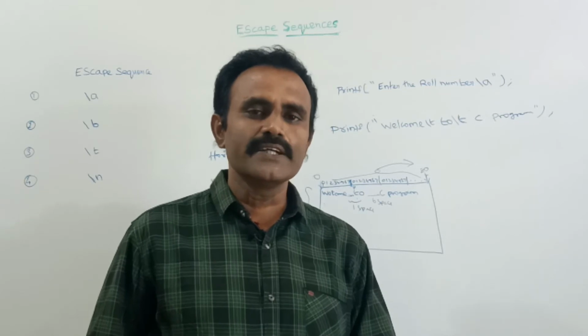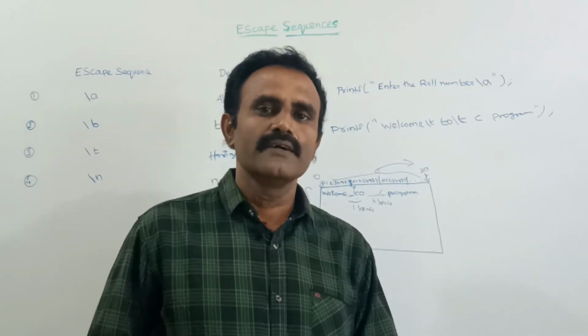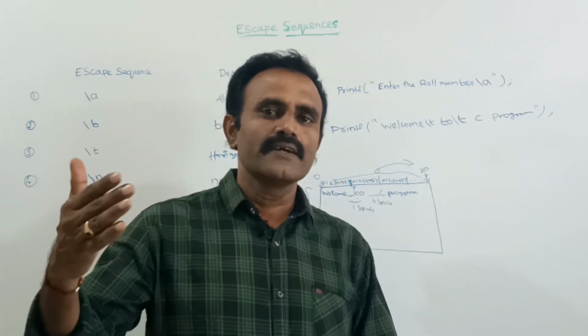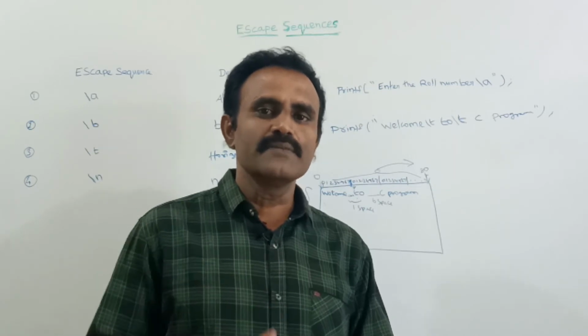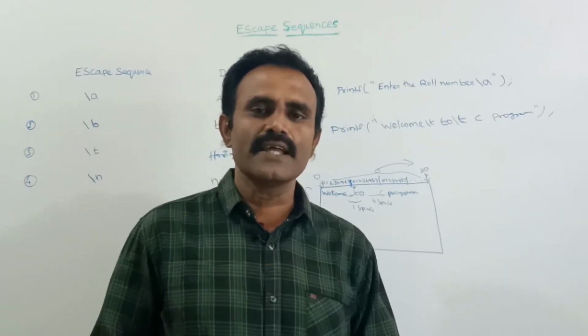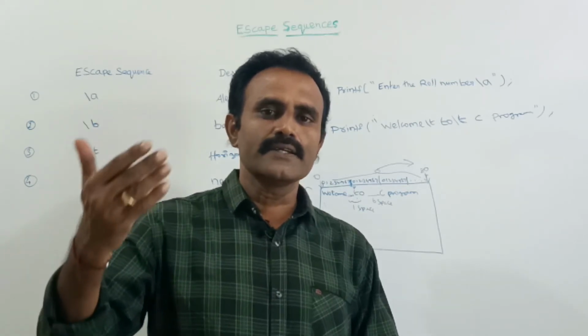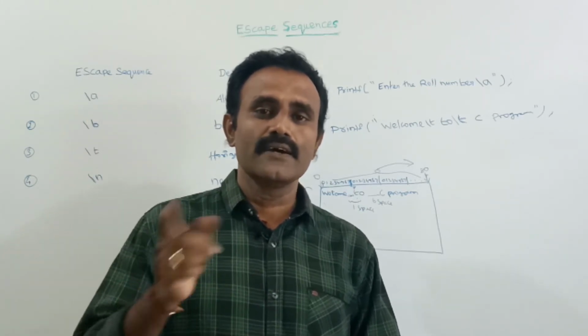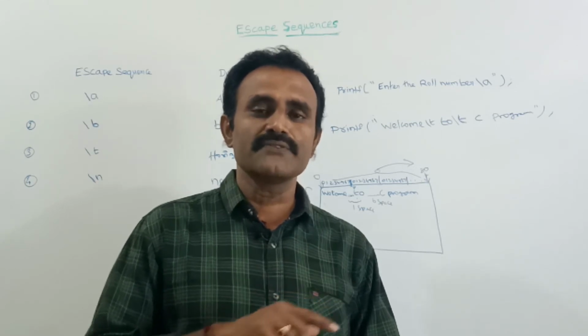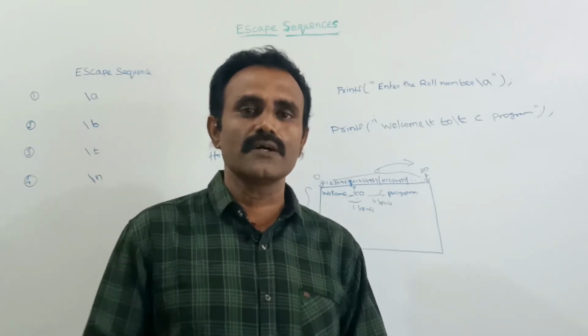Suppose you need to print a string on the next line freshly, then we can use slash n. The slash n is used to display the string on the next line from the starting position, that is the 0th column.